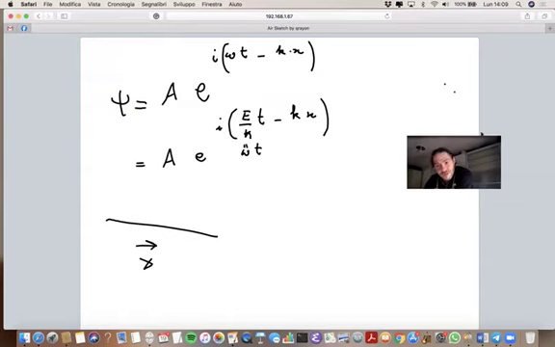I was using fact number 2. Now, let's look at this quantity k. Well, if I pull out this factor h bar, let me rewrite this in the following way.